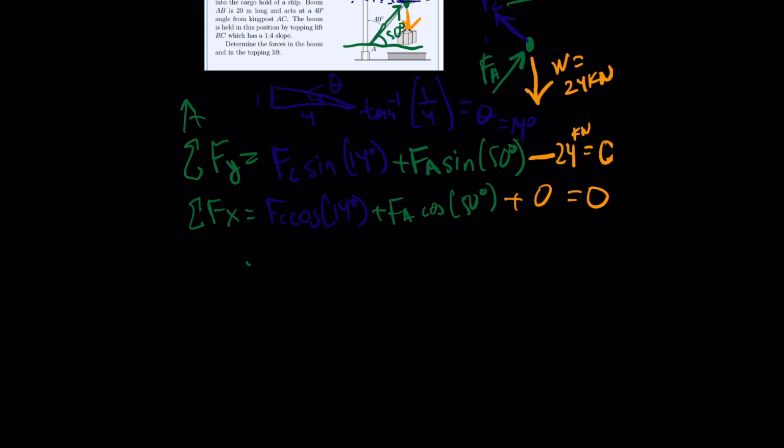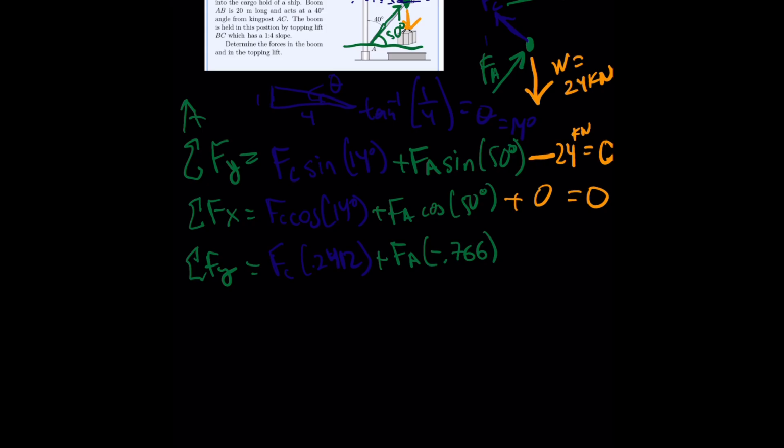So right here, the sum of the forces in the y is going to equal something like this: F of C times 0.2412, plus F of A times, I made a mistake.